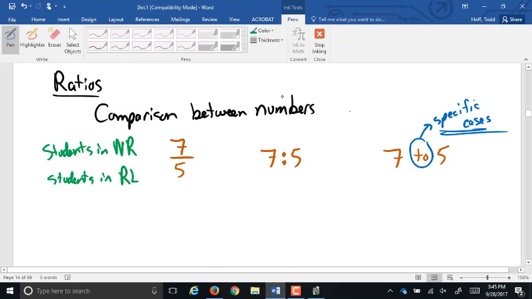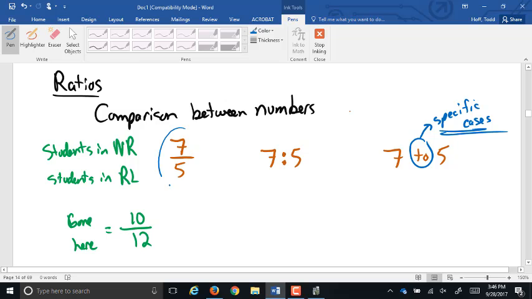Other comparisons we might have. We might have students that are gone tonight to students that are here tonight. Well, we have 12 students here. We have 10 students that are gone total.